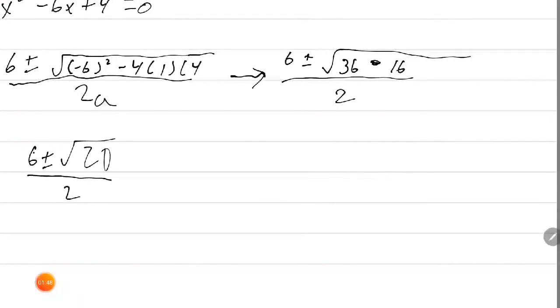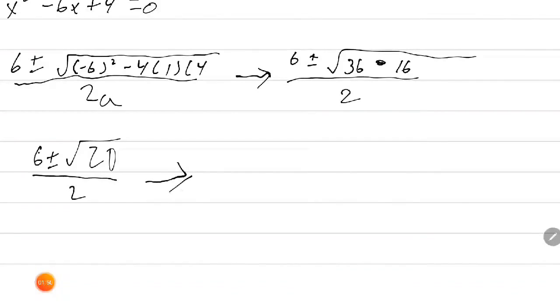We can still simplify this further by breaking down the square root, or simplifying it. So we'll get 6 plus or minus the square root of 5 times the square root of 4, all over 2.